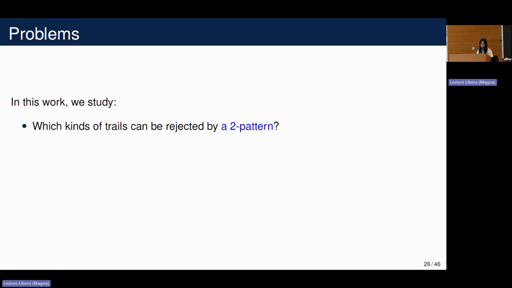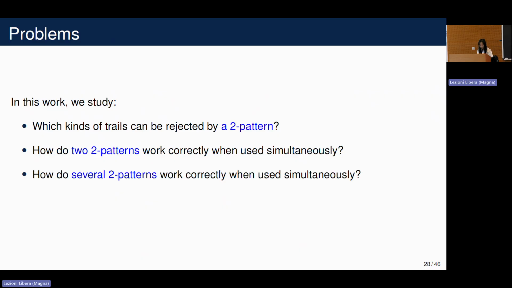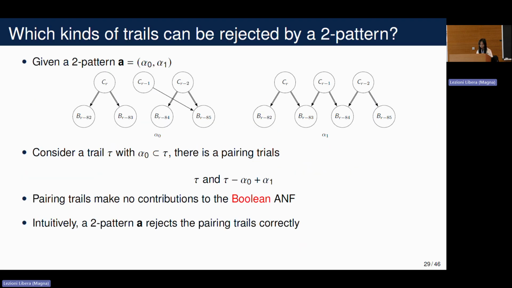In this work, we studied three problems. Which kinds of trails can be rejected by a two-pattern? And how do two or several two-patterns work correctly when used simultaneously? Given a two-pattern, say alpha 0, alpha 1, we consider a trail tau which contains alpha 0.